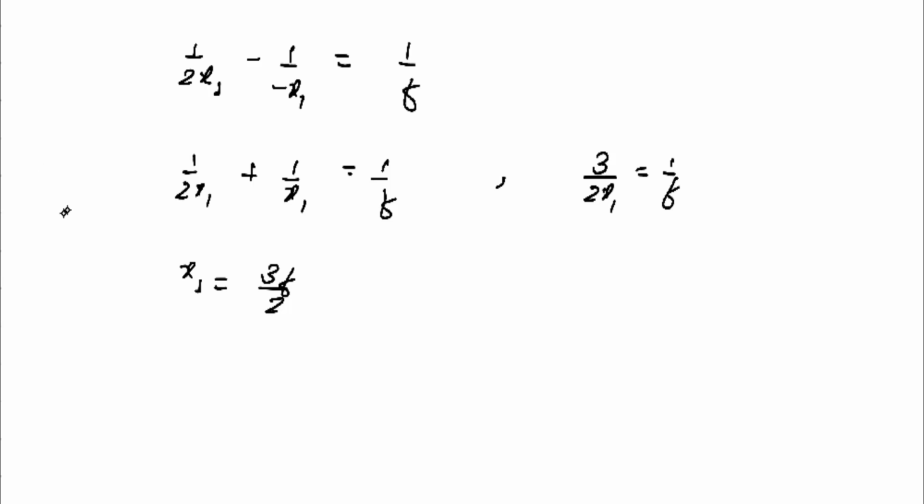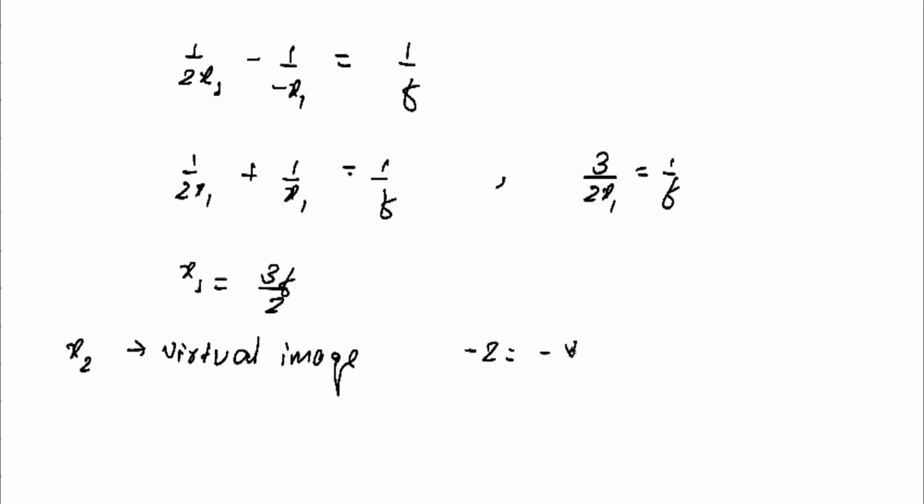Now the object at x2 produces a virtual image. So the magnification is again 2 equal to minus v by u, since it produces a virtual image it will contain a minus sign.